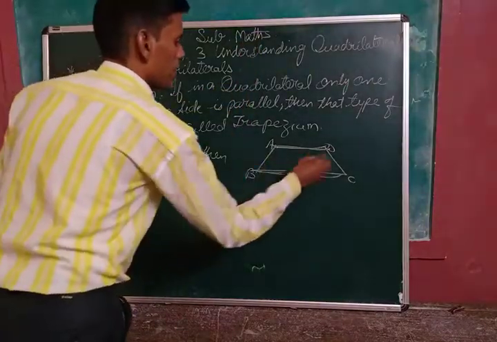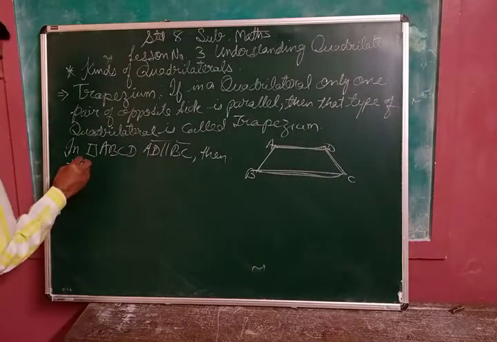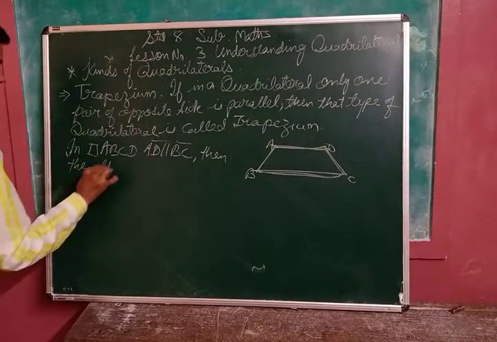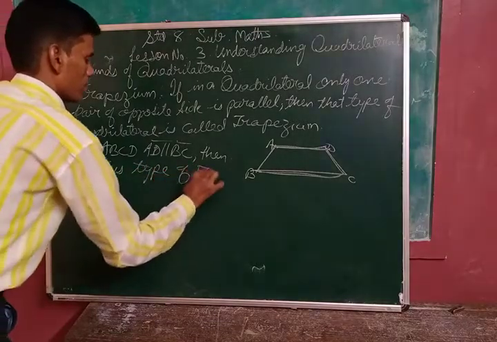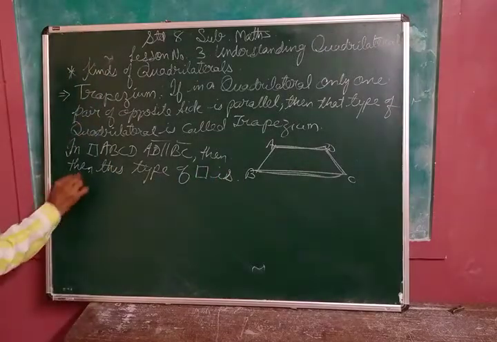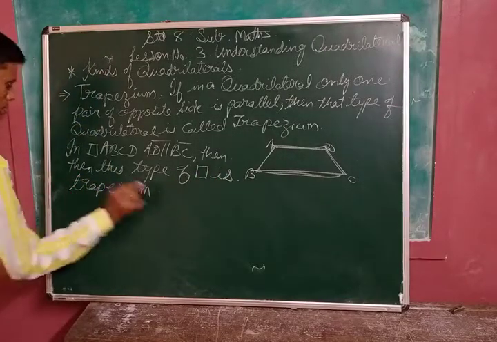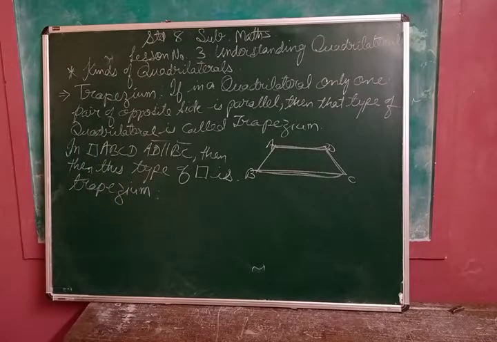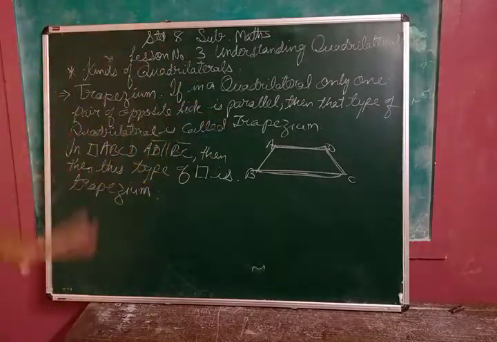Here AB and DC are not parallel. It is not given here. Okay, then this type of quadrilateral is trapezium.